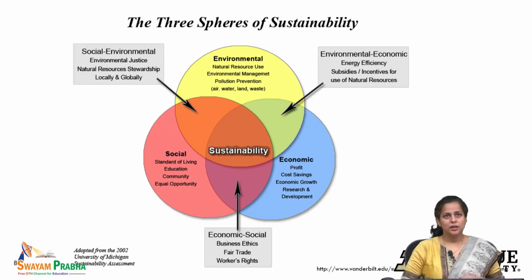In summary, when we think about sustainability, we have the three spheres of sustainability: the social, the environmental, which is the same as ecological, and the economic. This is a Venn diagram that shows the interaction. The environmental sphere has natural resources, environmental management, and pollution prevention, which goes mostly into maintaining our ecosystems that provide the resources to sustain our economic and social systems.